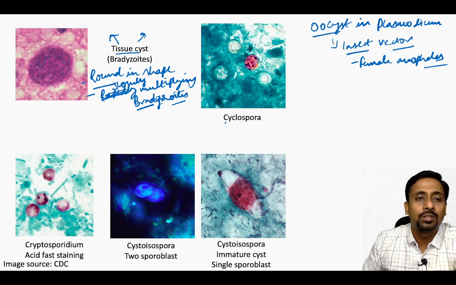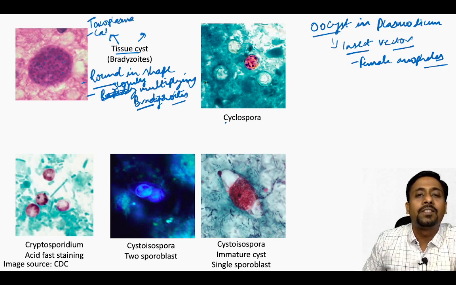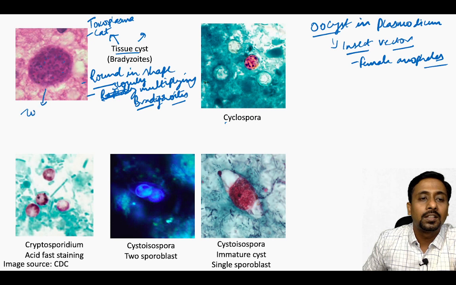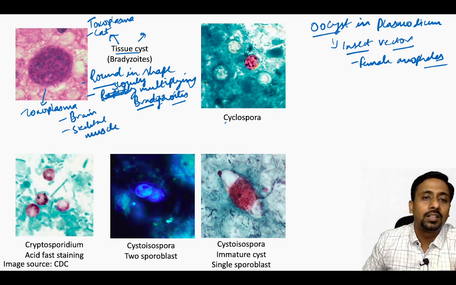In case of toxoplasma, the intermediate host is cat and other felines, and the commonest site of this tissue cyst is the brain, followed by skeletal muscle and then any other organ.